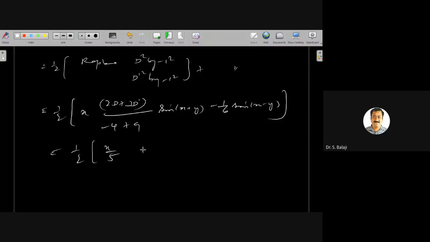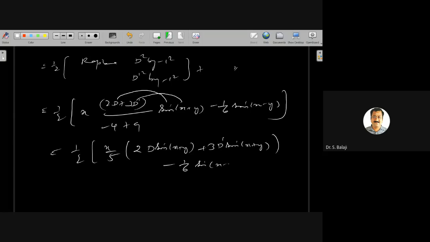Now d stands for dou by dou x, d dash stands for dou by dou y. So we have to operate further here: d of sin x plus y plus 3d dash of sin x plus y, further minus 1 by 6 of sin x minus y.